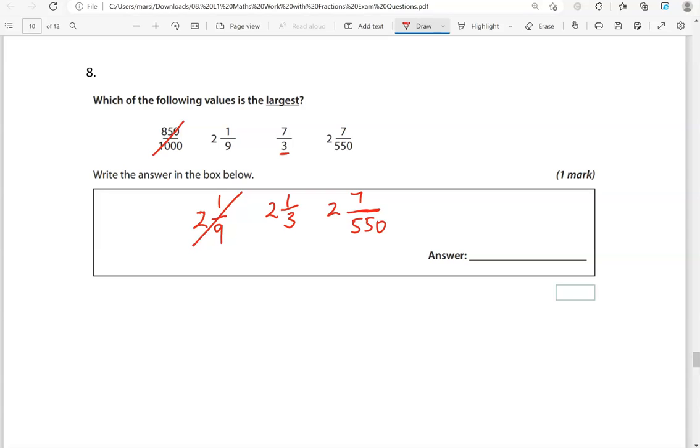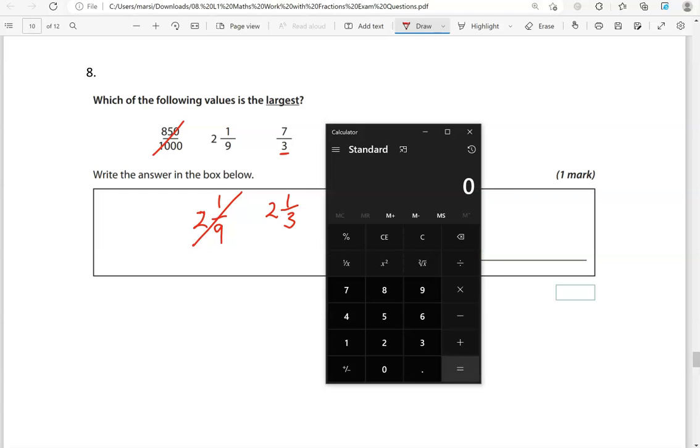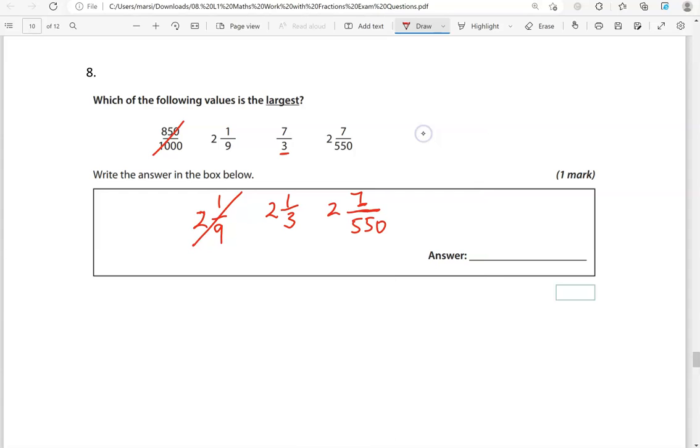To be equivalent, at the top you'd have a much larger number, because what is a third of 550? 550 divided by 3 gives us 183. So that would be a much larger number at the top. So definitely this is the largest.